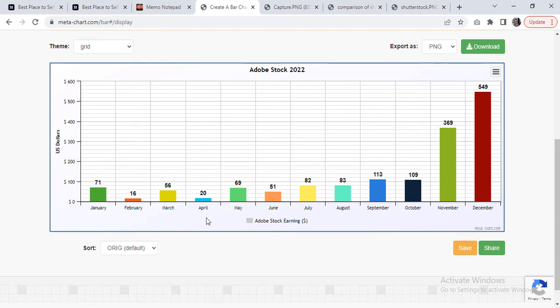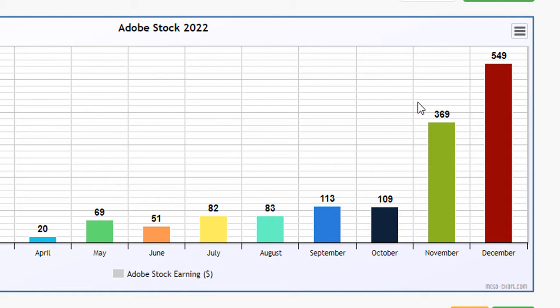Well, I kept uploading some designs that I was uploading in Shutterstock as well, and the average was not too impressive in the first half of the year, but later on, especially after July and August, the new average was like 100 or close to 100, and then it boosted up in November and it went up to 369, and it actually outperformed Shutterstock in terms of number of downloads, and then in December it outperformed my Shutterstock account even in terms of the number of dollars as well as downloads.